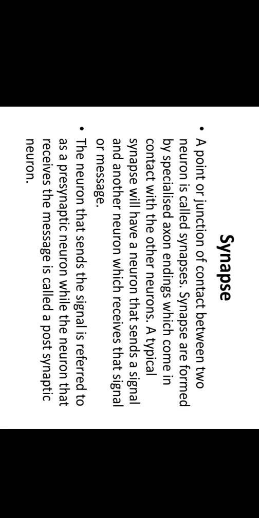A point or junction or union between two neurons is called synapse. Synapses are formed by a specialized axon ending which comes in contact with another neuron. A typical synapse will have a neuron that sends a signal to another neuron which receives that signal or message.